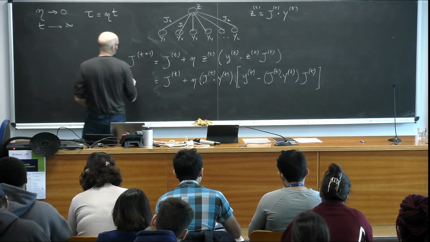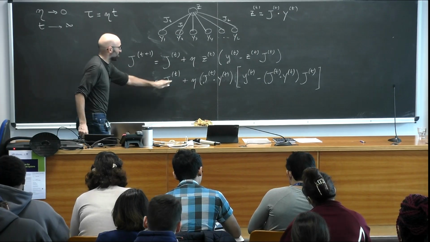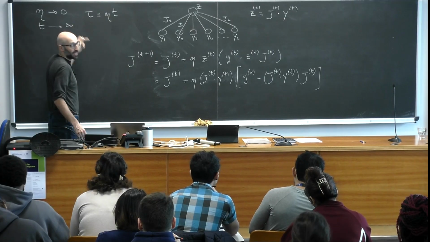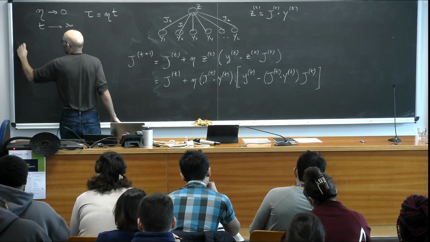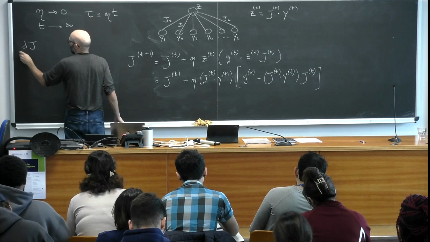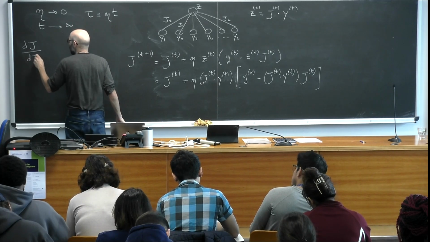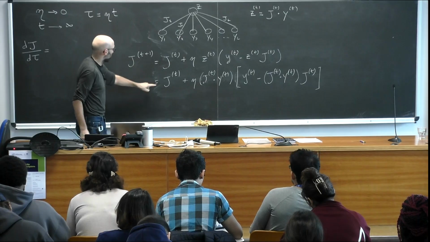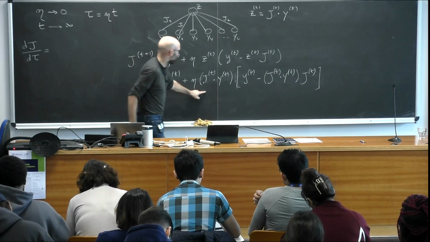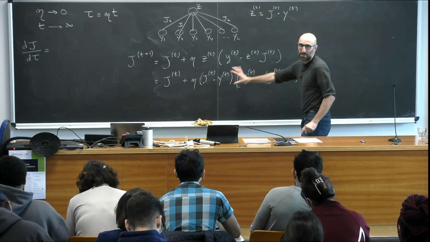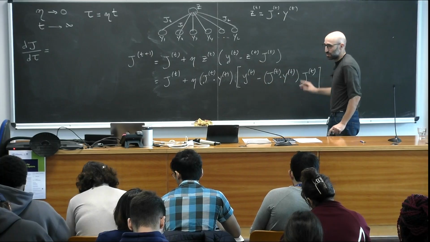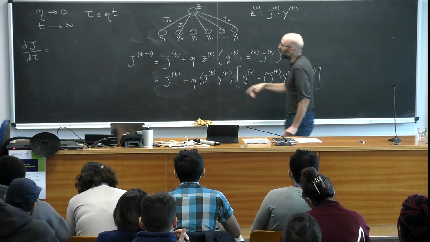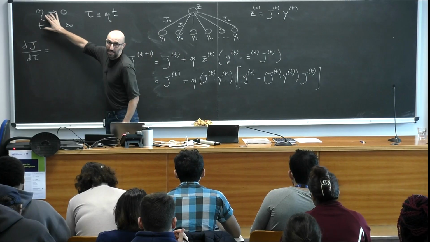Of course now jt plus 1 minus jt divided by eta in this limit is basically the derivative of j with respect to tau, which is the time. It will be approximated by the average. You can show that the correction to this is of the order of eta in this limit.